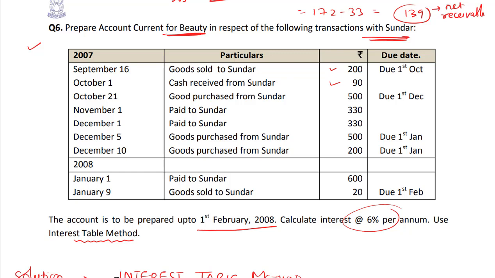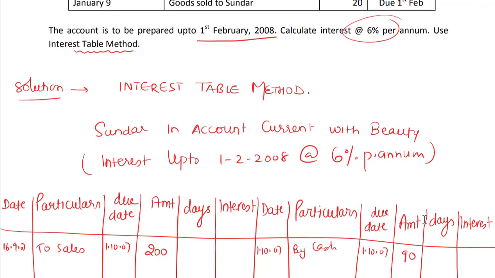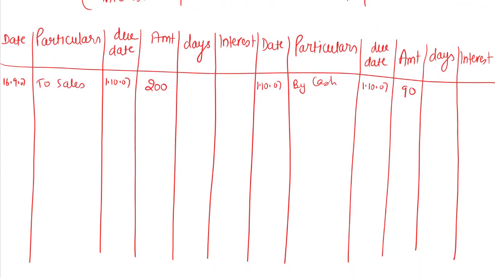21st of October, goods purchased from Sundar 500. 21st October 07, by purchases 500.